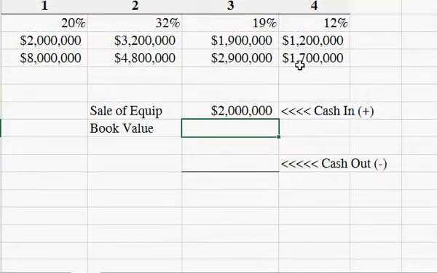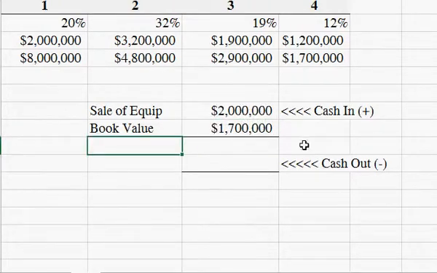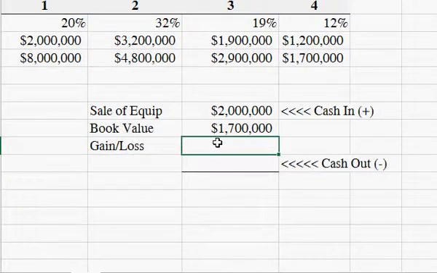That's how much is left after we write off all of our accumulated depreciation. So we'll insert the $1.7 million here, and we subtract to figure out whether we have a gain or a loss. Obviously we have a gain because we're selling it for more than we're on the books for.